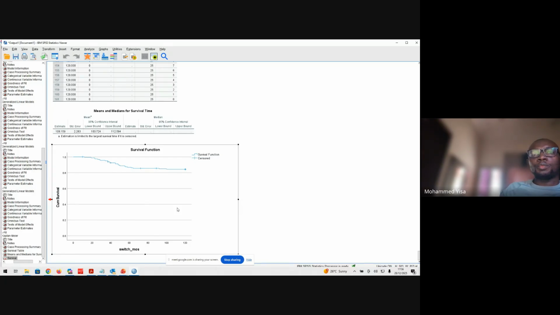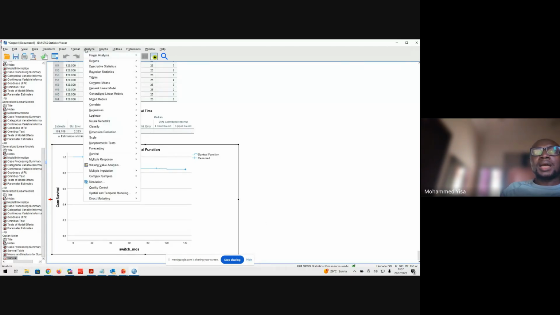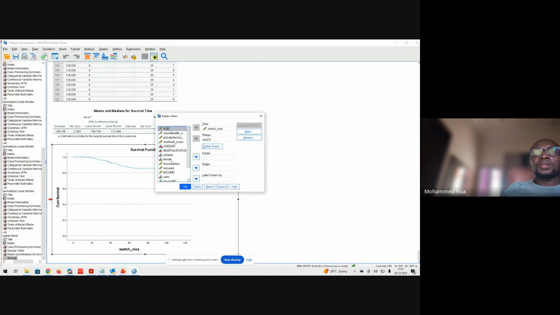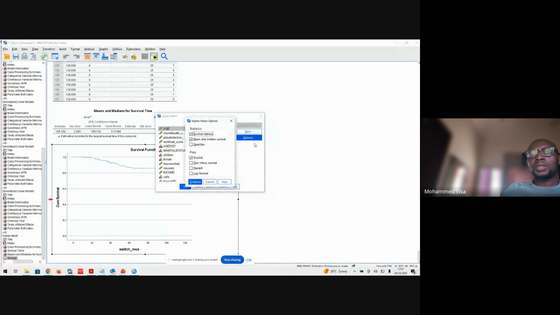So you would report this graph, and in order to be able to see whether this test that you have done is statistically significant, as you are doing your survival analysis, I think there's something called log rank.